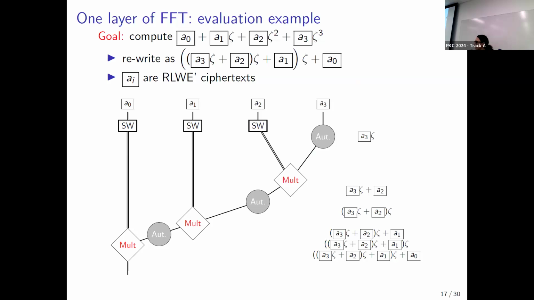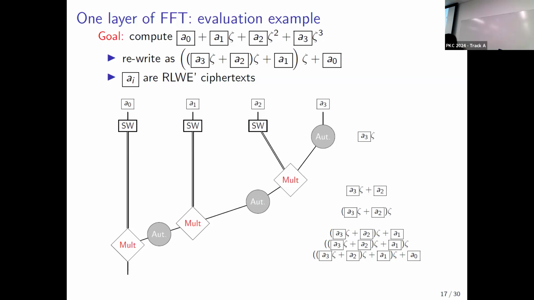So this is the example that I was talking about before. It illustrates what could happen at one layer of the FFT in the evaluation step. This is just to illustrate the sequence of these operations that we are able to do. The goal is to compute what is at the very top, hidden by the audio setup.